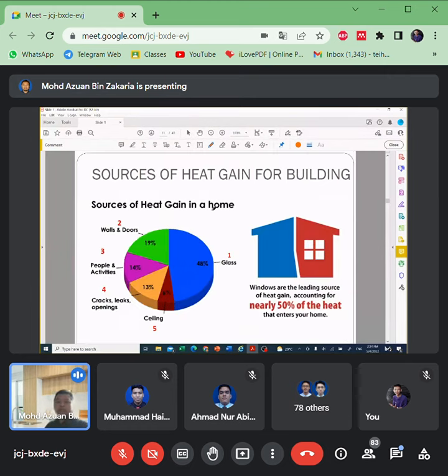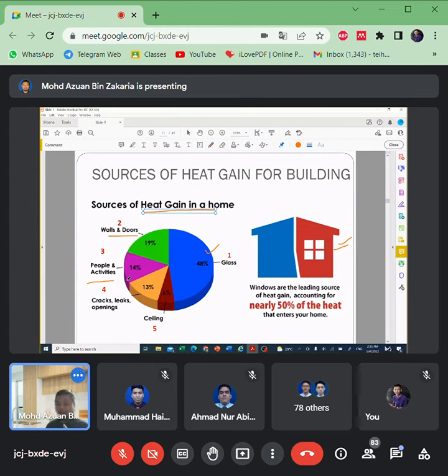So during daytime, the source of heat gain is normally glass. Mainly the solar radiation can enter through the glass. Number two, followed by walls and doors. Number three is people's activity, because we have a metabolic rate. When we do activity, we release heat.